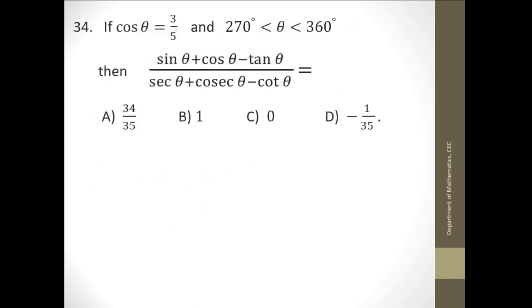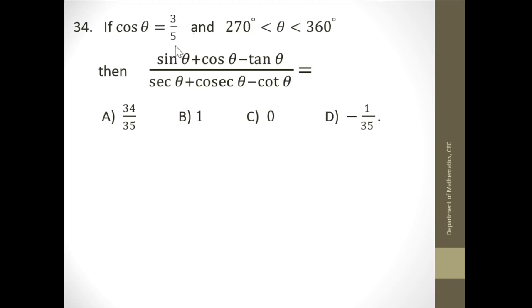Next, cos theta is given and theta is in fourth quadrant. If theta is in fourth quadrant, only cos and secant are positive. Just imagine the right angle triangle, hypotenuse is 5, adjacent side is 3, therefore opposite side is 4.